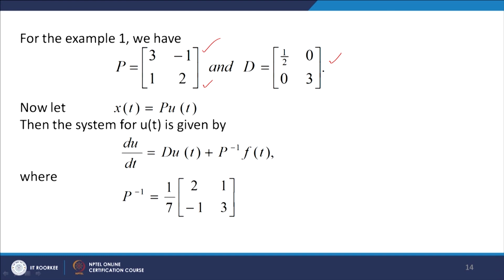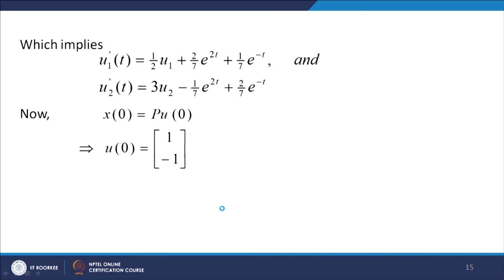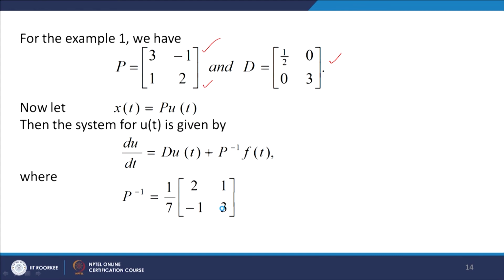So we know the matrix D now. We know the matrix P inverse, and so we can find P inverse into f(t). f(t) is also known to us. Now let us say u(t) equal to u1(t), u2(t).